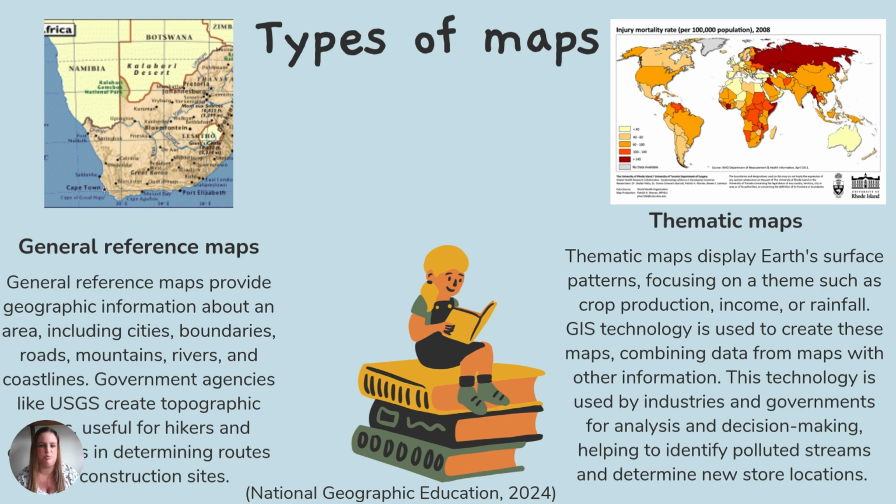Obviously, we can't build a mall on a mountain or a hill. And that is very helpful to governments to perform analysis of our low populated areas, our high populated areas, our low resource areas, our high resource areas. So yeah, that's how the thematic map is useful.